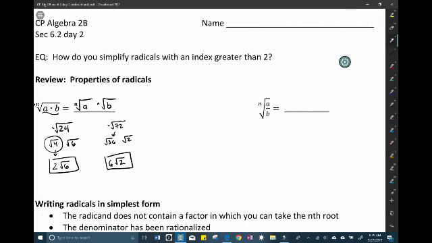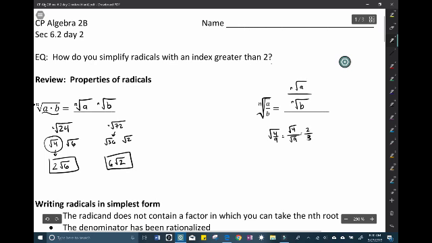Also, with division, you can take a big square root and exchange it for two little square roots, or nth roots. The nth root of a over b, where n is your index, is the nth root of a over the nth root of b. You can write it like that. For example, if you had the square root of 4/9, you could split that up as the square root of 4 over the square root of 9 and have 2/3 as your answer.